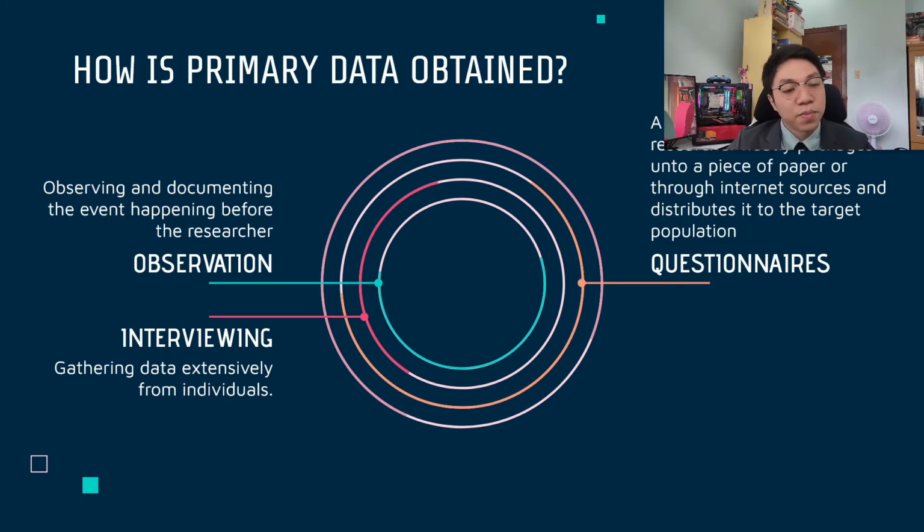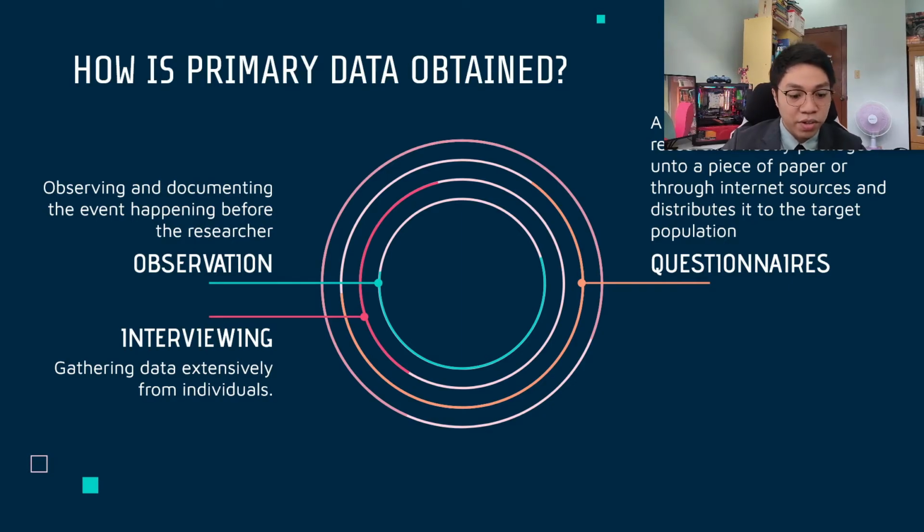The second way to obtain primary data is through interviews. Through this method, the researcher can be flexible on how the data can be gathered from the interviewee. The researcher can either expand or even reduce the amount of questions that they give the interviewee, depending on how the interview goes.